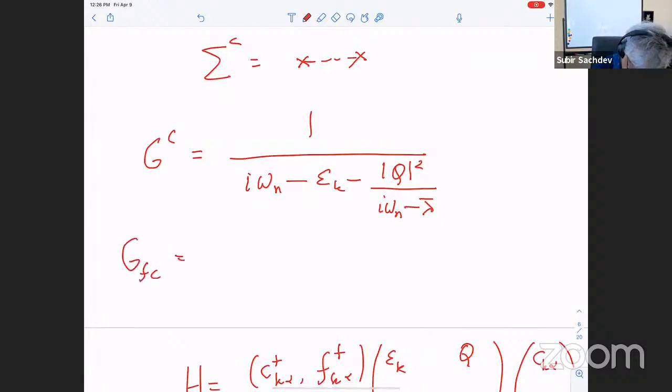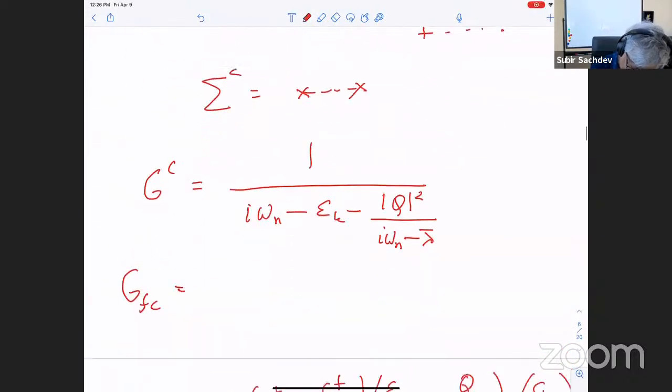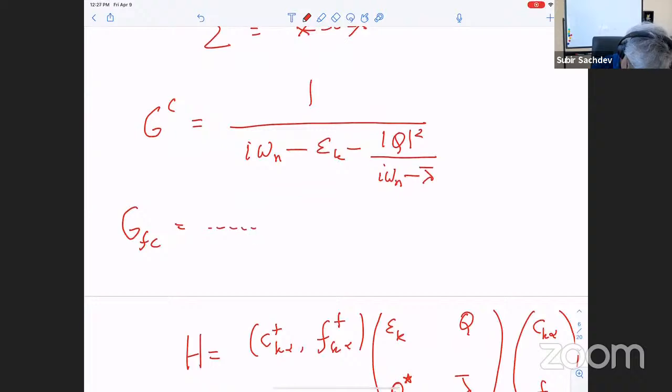It's something like, what is it? The F propagator is a dashed line, then a straight line, then a dashed line, and plus dot dot dot. So it starts with an F and ends with a C. Okay, and no, let me not put an X over there. And each factor of X is a factor of Q.